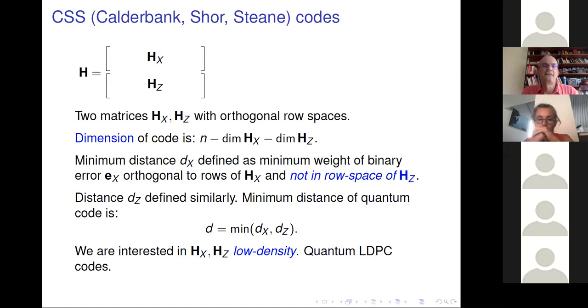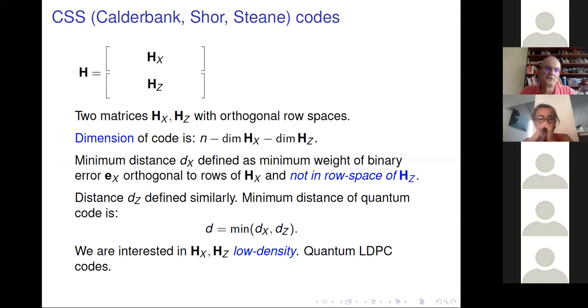So the CSS code is defined by two binary matrices that we can call HX and HZ, and we can think of them as two classical error correcting codes if we come from the world of classical error correction.